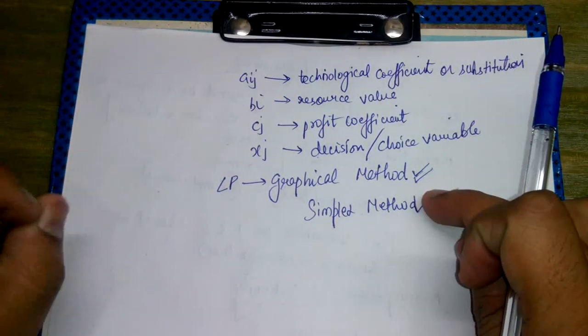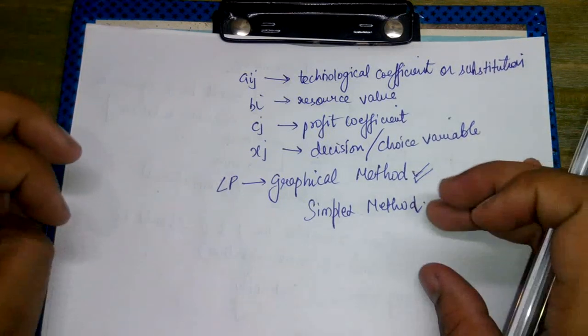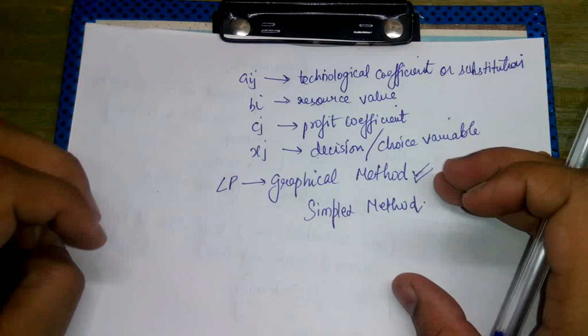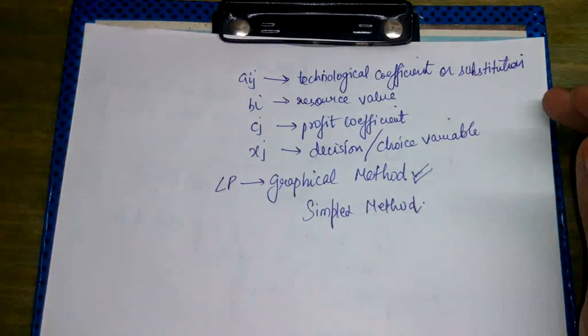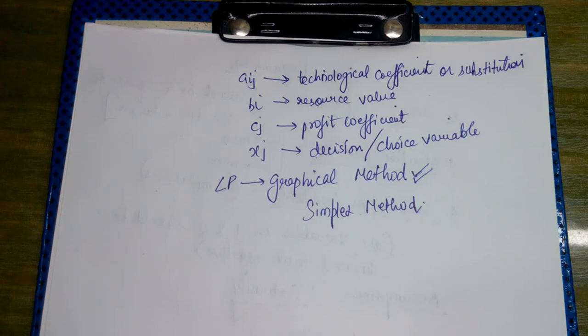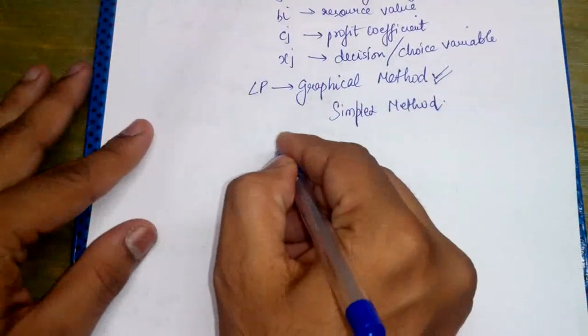I will not discuss any problem on the simplex method. Rather, I would discuss what the main features are and how you can guess the answers. Whereas I will be discussing the graphical approach, which is the most widely used method.